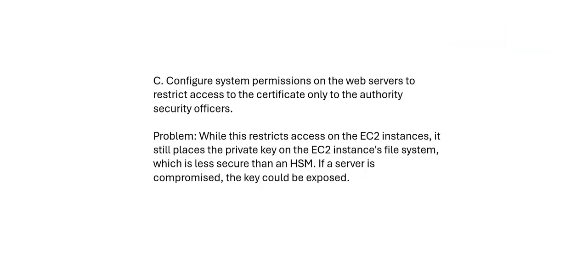C says, let us configure system permissions on web servers to restrict access to the certificate only to authorized security officers. Okay, restricting access on EC2 places the private key on the EC2 file system. It is less secure than HSM. We want a very secure option.